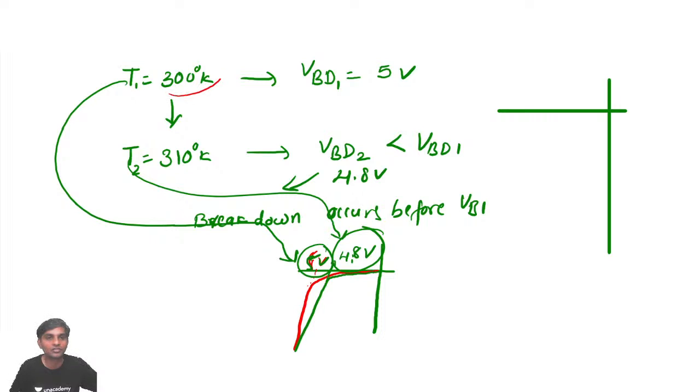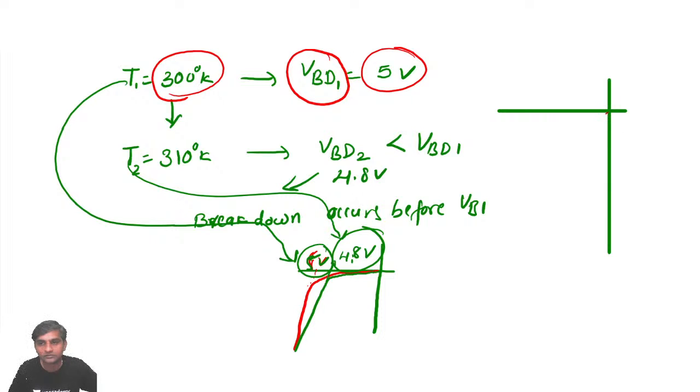Assume that at T equal to 300 degrees Kelvin, the breakdown is happening at VBD1, at 5 volts. Now I increase the temperature to 310 degrees Kelvin.